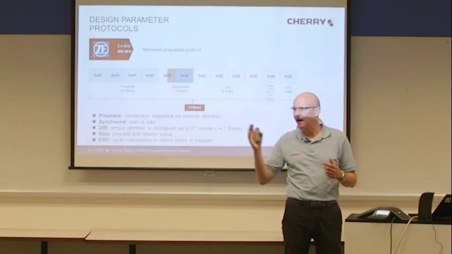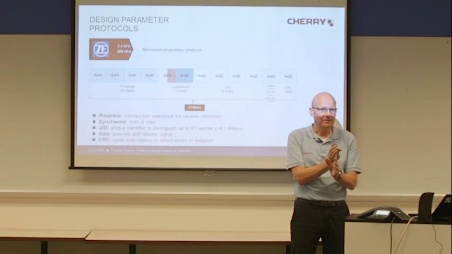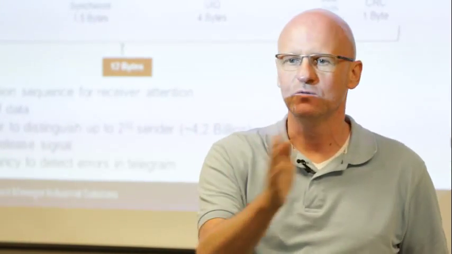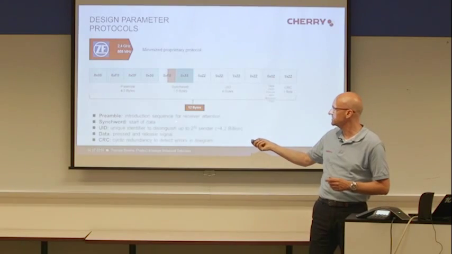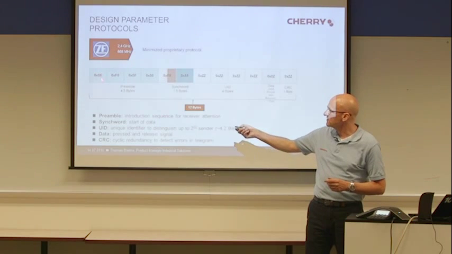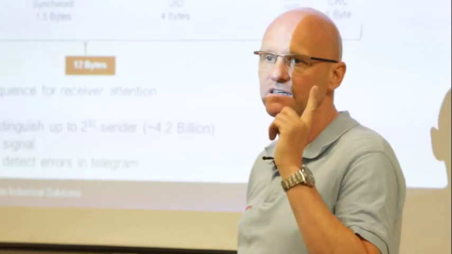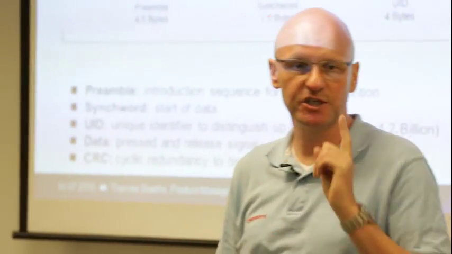So if another sender uses the same RF frequency channel, the receiver gets all this information. And the receiver has to divide what information is for me, what is important for me. And for this, the preamble is the right thing. From the structure of the preamble, the receiver knows, oh, that is a signal for me. It's from the Cherry switch or a Cherry sender.